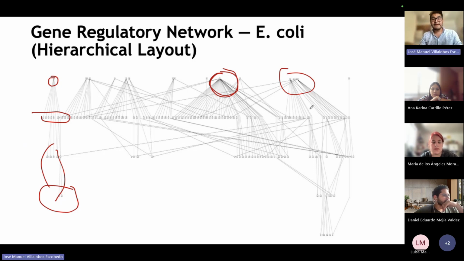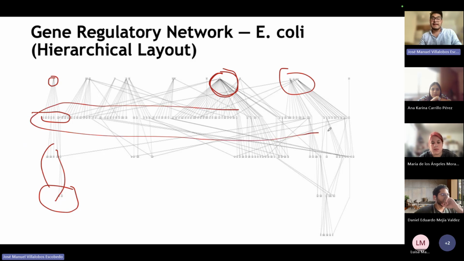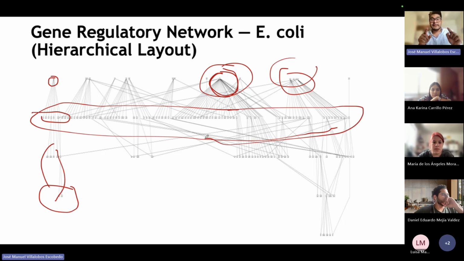Another characteristic is that apparently there are different kinds of genes. They are like master genes, and then some of them that are not central but are super important to follow the information. So there are different hierarchical stages of genes: some are super important, some are important to connect with other genes.